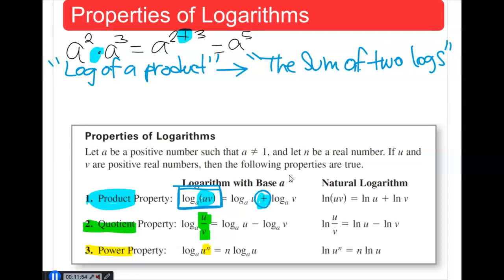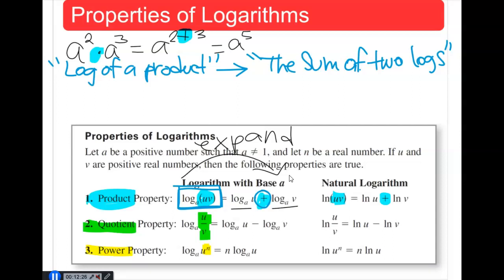Same rule applies to natural log, base e, or base 10, common log. So we have ln of u times v, so we can expand it into the sum of two logs. So when we go from left to right, we will refer to that as expanding. We expand from something that has one log into something that has two logs.